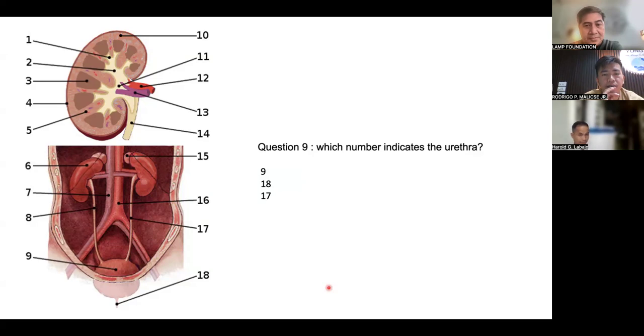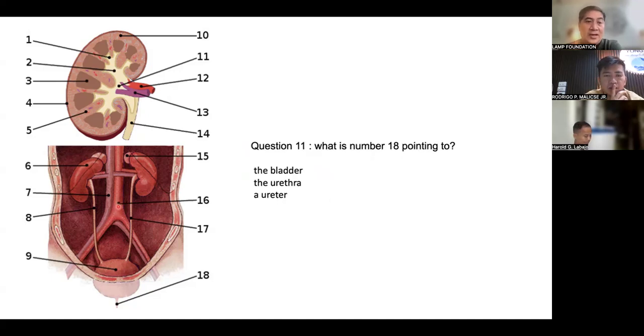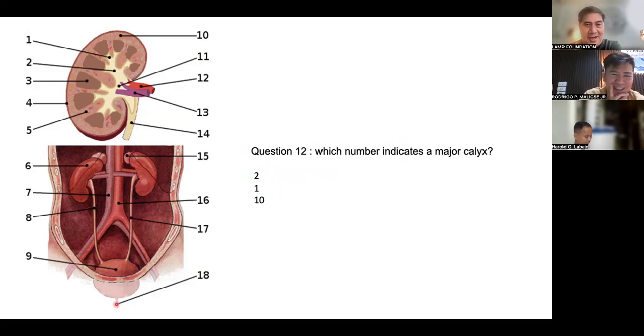Which number is the urethra? Urethra is pointing number 18. Number 16 is the abdominal aorta. Okay, what about number 18 again? The urethra. Yes. Major calyx, what number? Number 2.